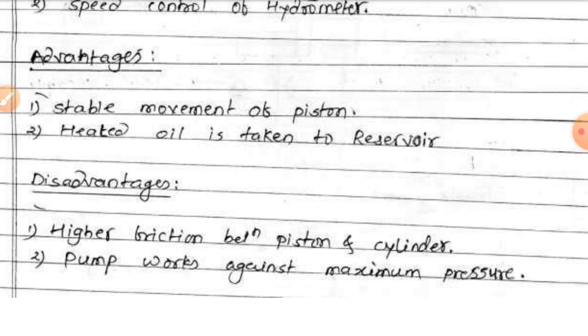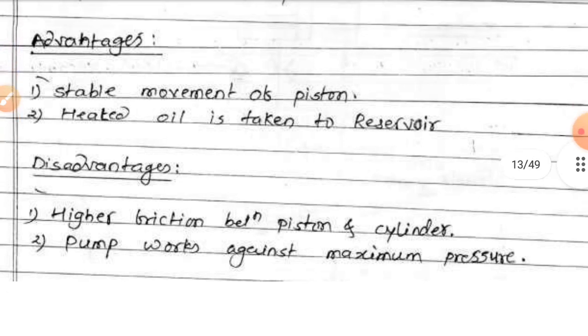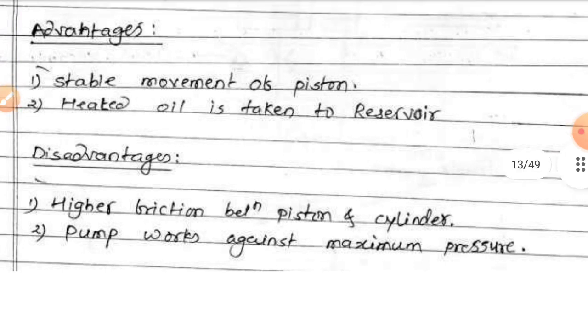Disadvantages of the meter out circuit: the first disadvantage is higher friction between piston and cylinder. The next disadvantage is that the pump works against maximum pressure. This is also a disadvantage of the meter out circuit.